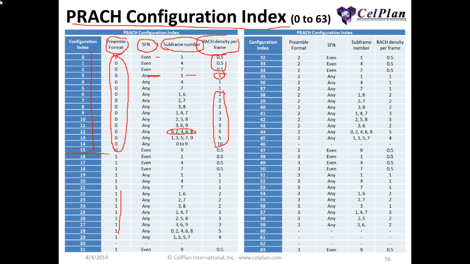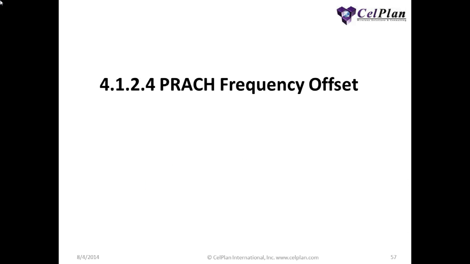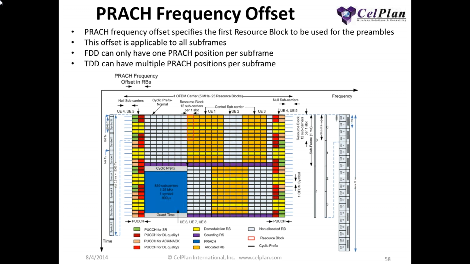What is missing here is that, okay, it knows the subframe, it will choose one of the subframes. Now it doesn't know inside the subframe where exactly is the PRACH area. And for this it needs the PRACH frequency offset.